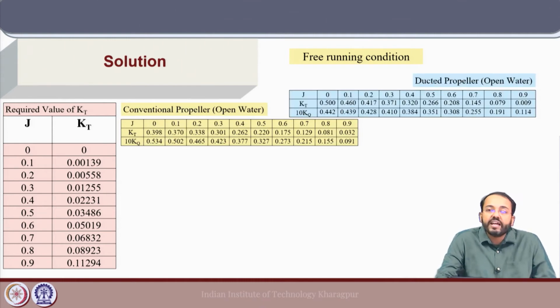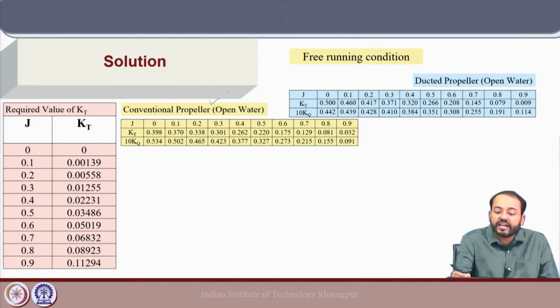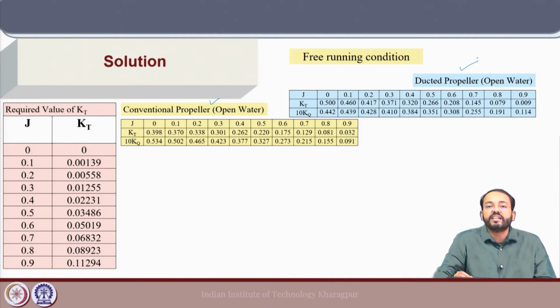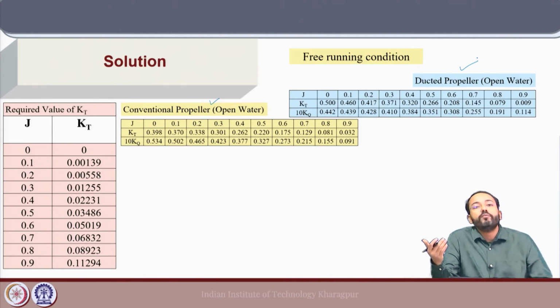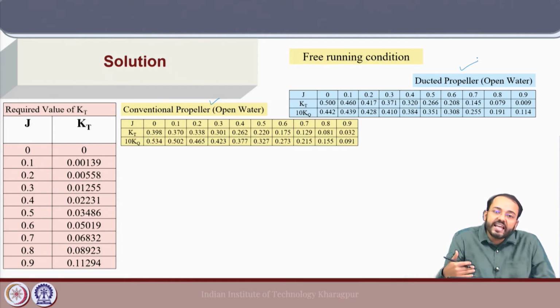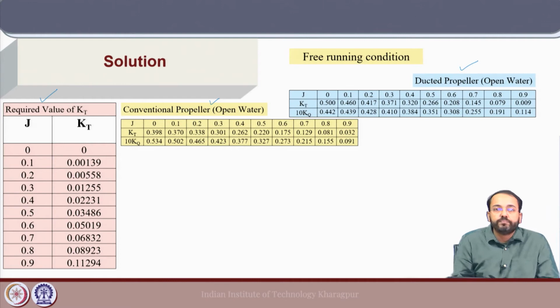And here we have the two open water diagrams, one for the conventional propeller and another for the ducted propeller, and from each open water diagram we can have a thrust coefficient versus J curve, and we can match that with the required value of thrust for the tug.